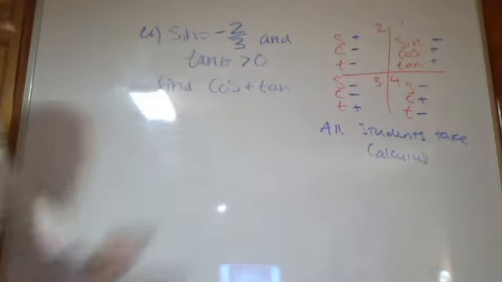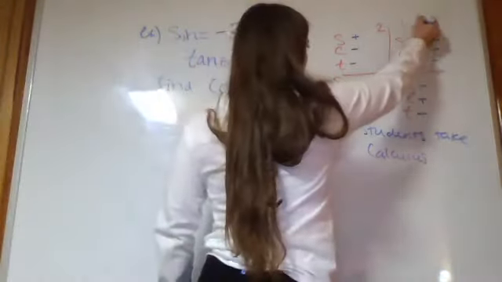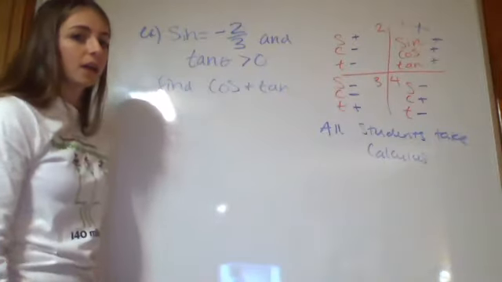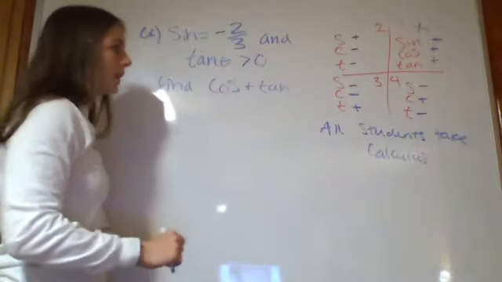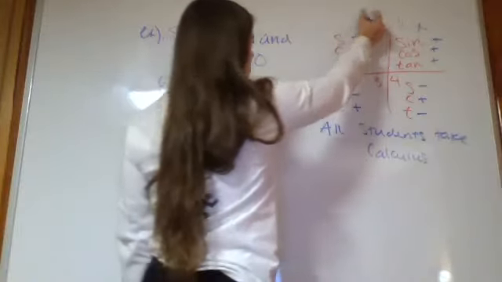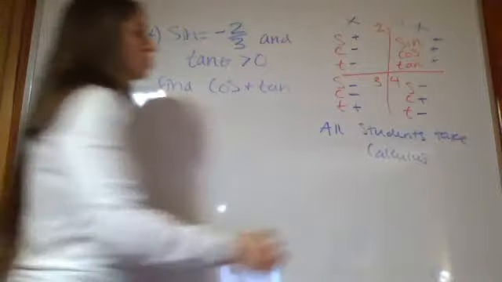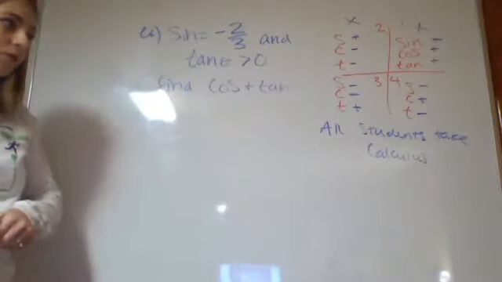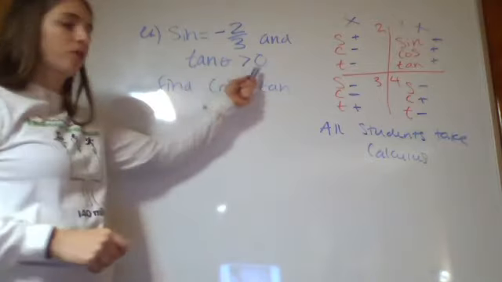Sine is -2/3, so that crosses out quadrant 1, because quadrant 1 has positive sine. Sine is also positive in quadrant 2, so theta cannot be in quadrant 2. The last 2 quadrants are 3 and 4, because sine is negative in both of those quadrants.